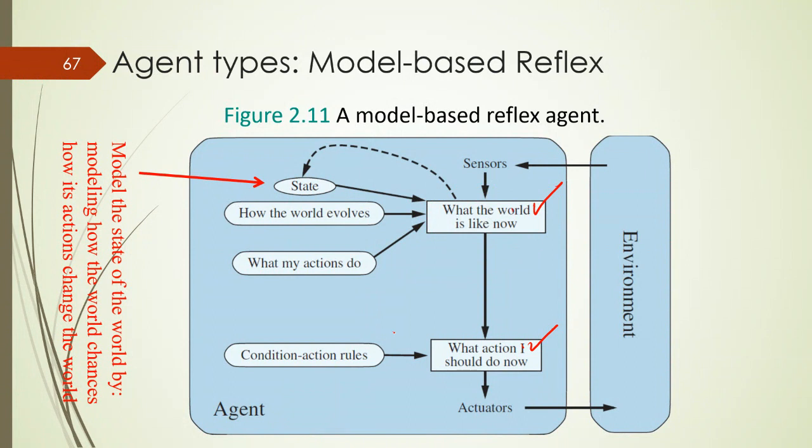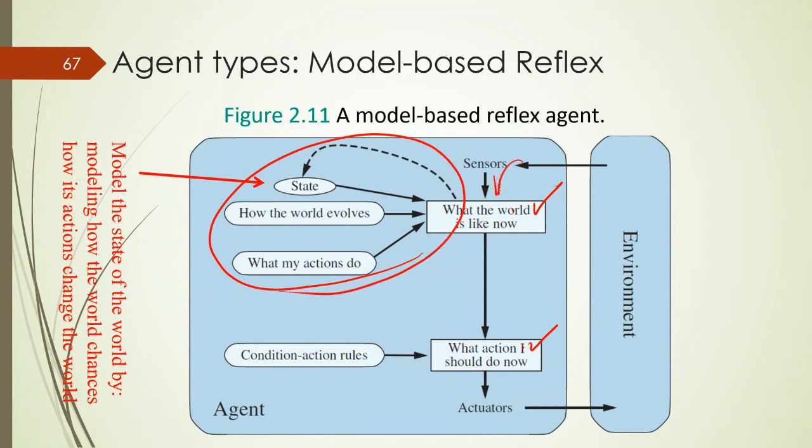Now in this one, I still have a table of rules instead of a table of values, so matching rules and finding what the if-then decision should be. So this one will be: if this, then this decision. But on the other side, I'm creating a model of the world.